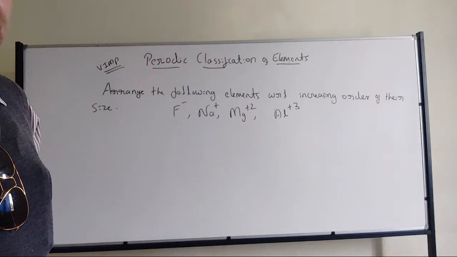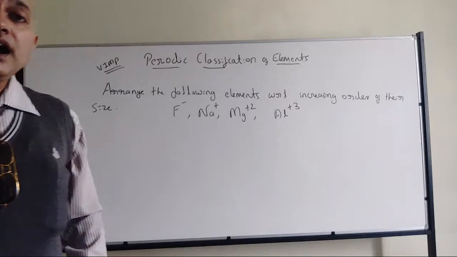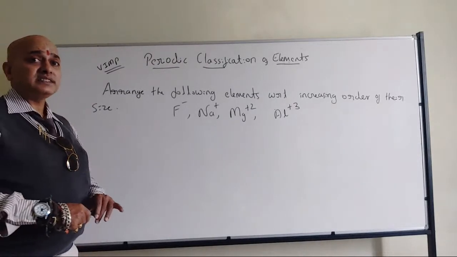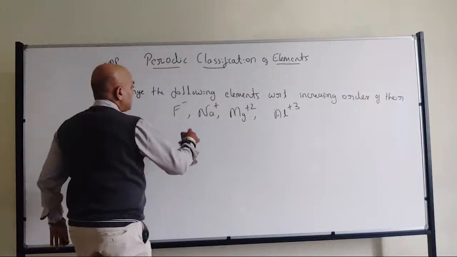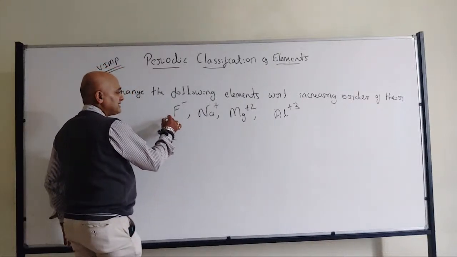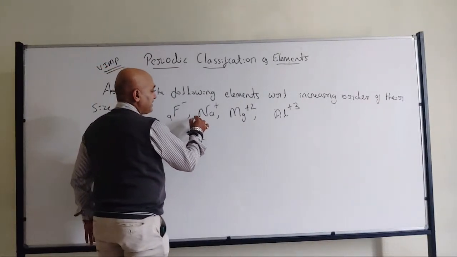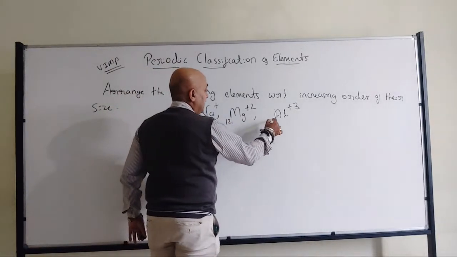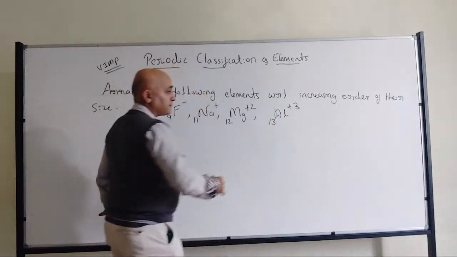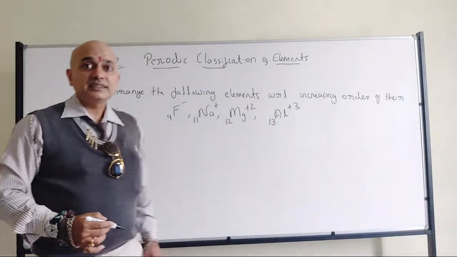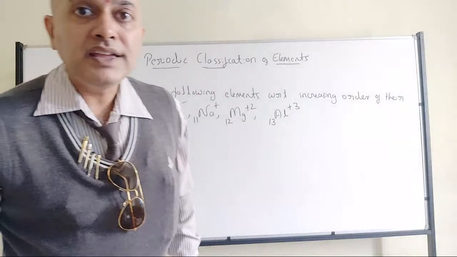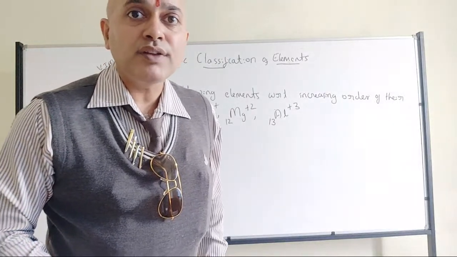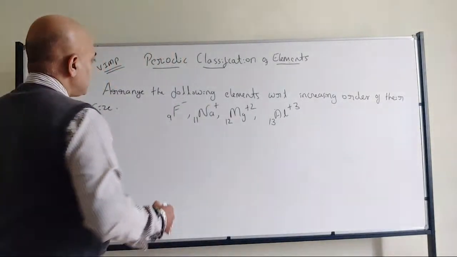Have you observed anything? Whatever I have written, they are isoelectronic species. The actual atomic number of fluorine is 9. Sodium is 11. Magnesium is 12. And aluminium is 13. So that means aluminium, magnesium, sodium, fluorine. Yes, absolutely correct.